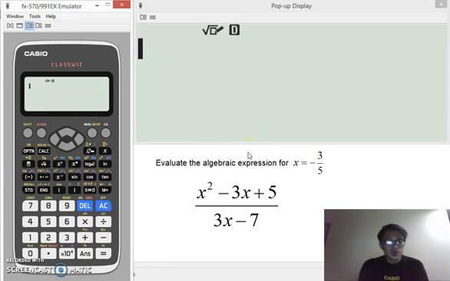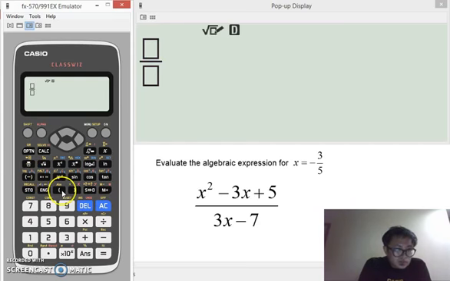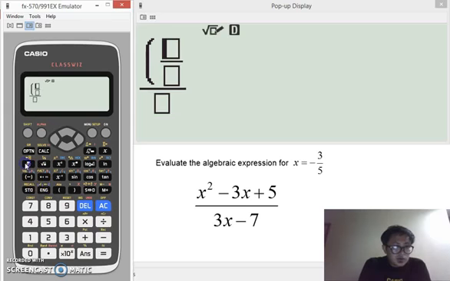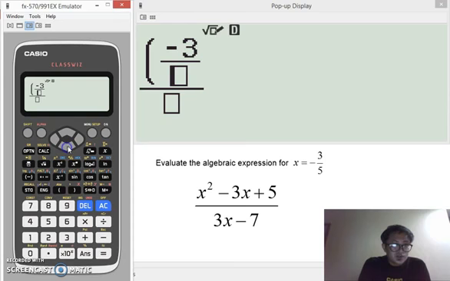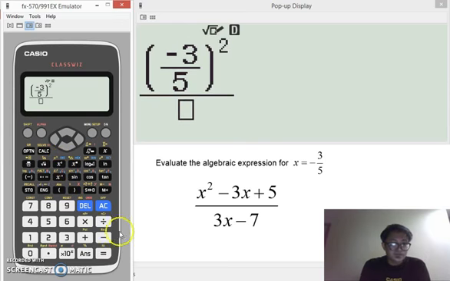Now, the usual way to answer this is to substitute the value negative 3 fifths for x in the expression. And doing that will be like this. So that's negative 3 over 5, and then squaring it.